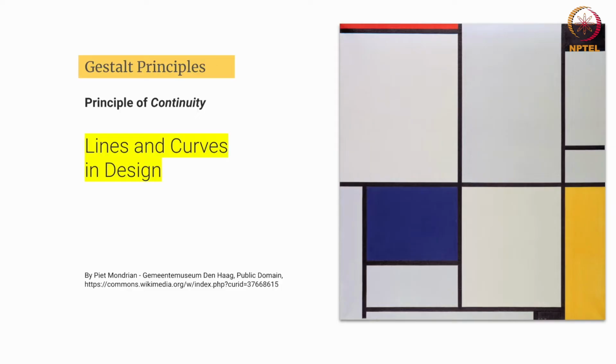It reflects his goal of achieving universal harmony and balance through abstraction. This is another interesting piece where you can see how continuous lines are used in the composition to create an essence of what the artist is trying to explore.